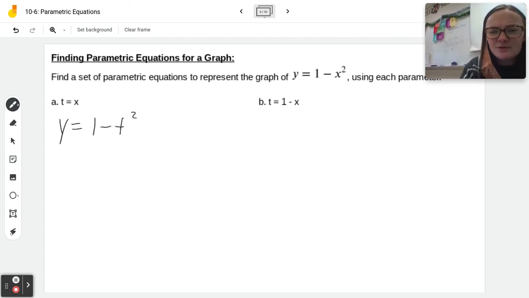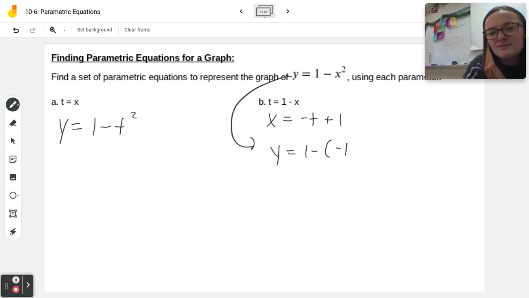This one's a little bit more difficult, but really not really. What we can do here is solve for x, and we can get that x is equal to negative t plus 1. Yeah, x is equal to negative t plus 1, and then replace into the y equation. So this is going to be y is equal to 1 minus negative t plus 1 squared.